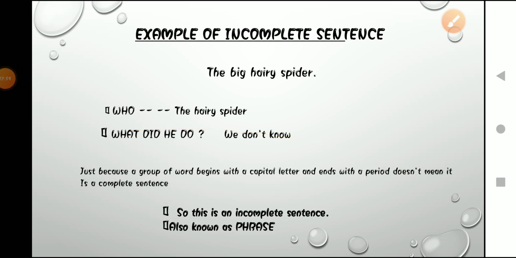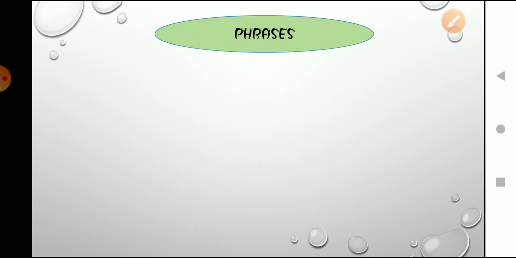We can say that the above-written sentence is not a complete sentence. It is an incomplete sentence. And also we can say that this is a phrase, right? What does phrase basically mean?